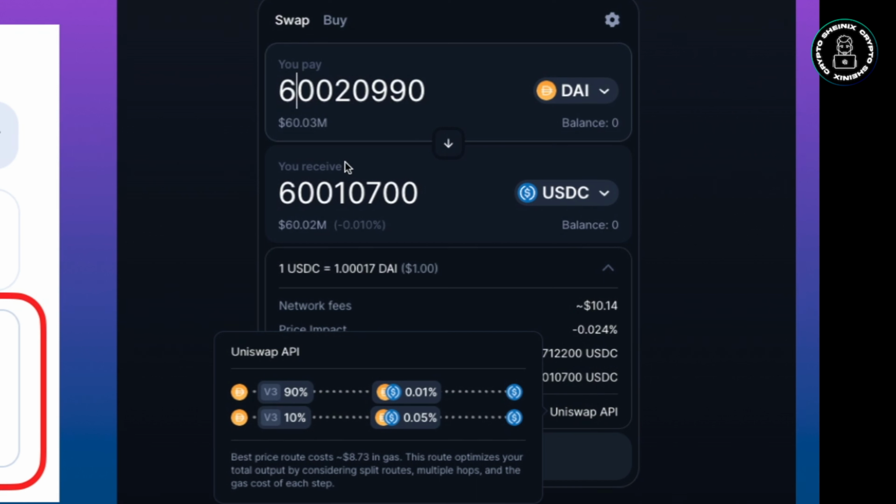So let's see here. I have 60 million DAI that I want to trade for 60 million USDC, and the router is intelligent enough to understand that probably 90% of the money of that trade can go to the cheapest pool, DAI USDC, that pays 0.01%. But it's saying, hey, take into account that it is cheaper if we take 10% of that money and we go to the 0.05% pool.